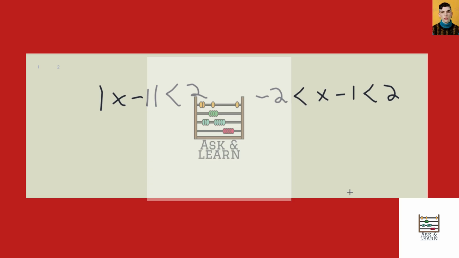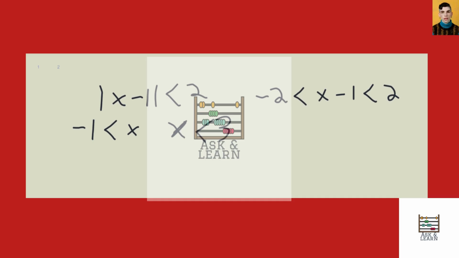So if we have minus 2 is less than x minus 1 and we add 1 to both sides, then we get minus 1 is less than x. And if we have x minus 1 is less than 2 and we add 1 to both sides, then we get x is less than 3. So x converges between minus 1 and 3, and at this point we're not yet sure whether or not we get convergence at minus 1 and whether or not we get convergence at 3.